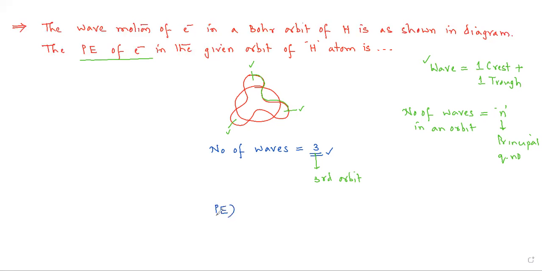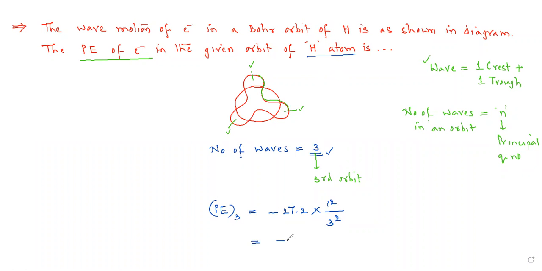Now we know that potential energy of electron in the third orbit can be given as minus 27.2, because it is double the total energy. In case of total energy, it is minus 13.6, but here it is minus 27.2 into z squared. What is z here? 1, by n square, 3 square.